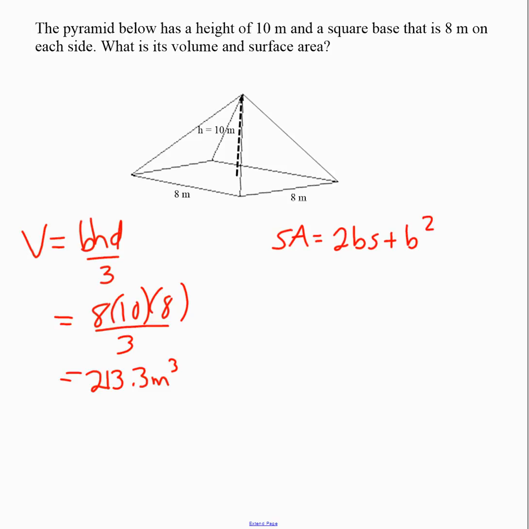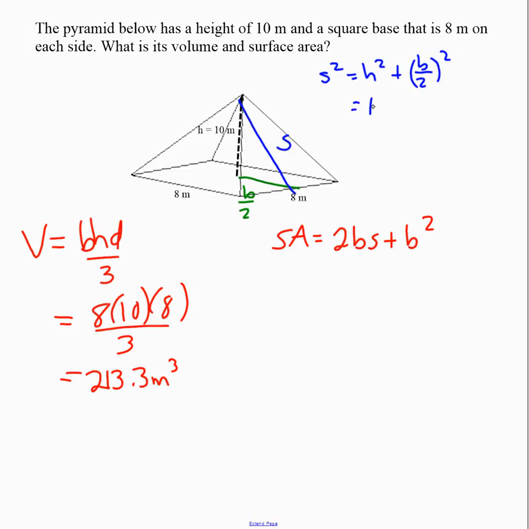Surface area, the formula is 2bs plus base squared. You'll look at the picture and you'll notice that slant height was not given, so you've got to actually find that yourself. And to get slant height, we need to use what we just learned. The base divided by 2, in this case, will be 8 divided by 2. So slant height is height squared plus base divided by 2 squared.